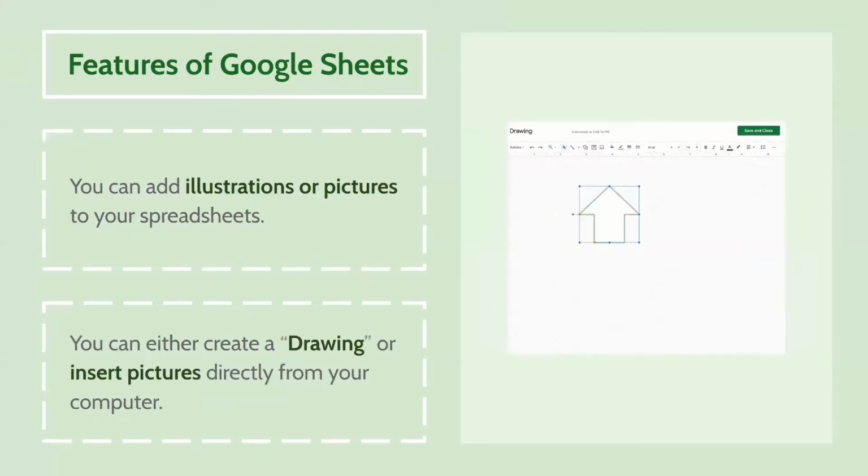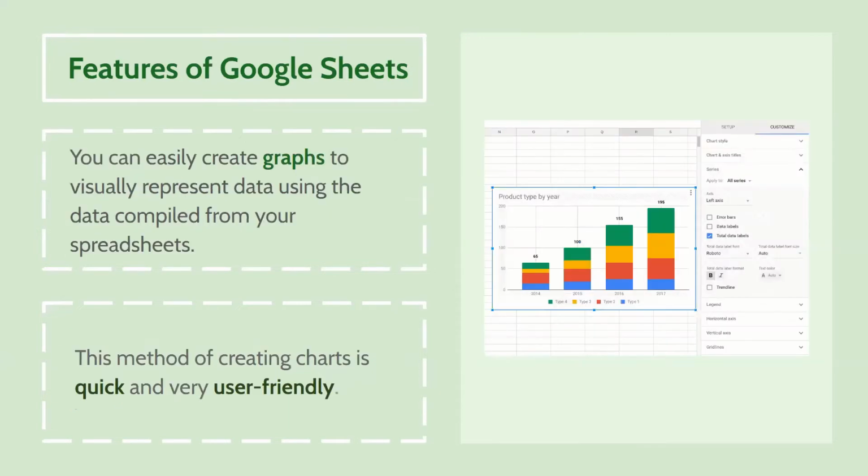Additionally, you can add illustrations or pictures to your spreadsheets, and you can either create a drawing or insert pictures directly from your computer. You could also easily create graphs to visually represent data using the data compiled from your spreadsheets, similar to Excel. This method of creating charts is quick and very user-friendly.